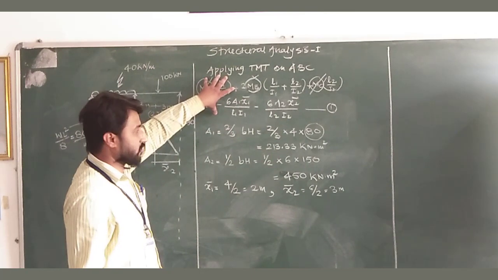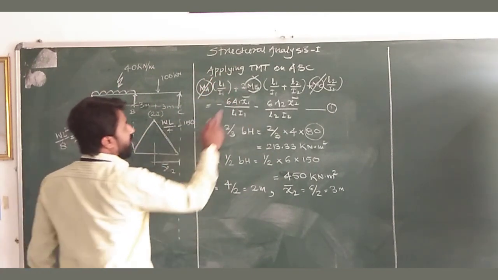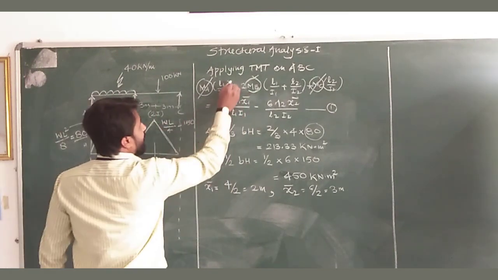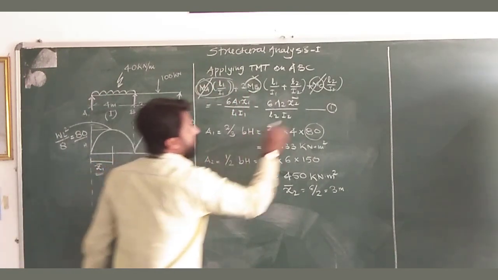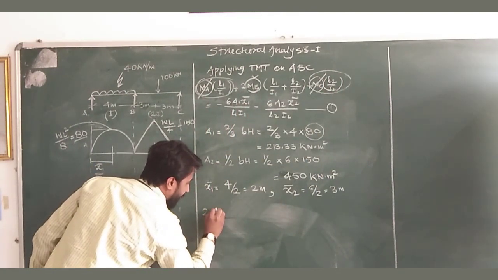We have to put these values into this equation to calculate the moment B. As moment A and moment C become 0, only the remaining term will be twice MB.